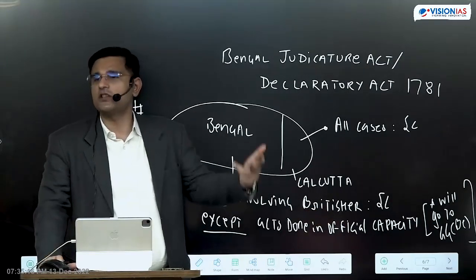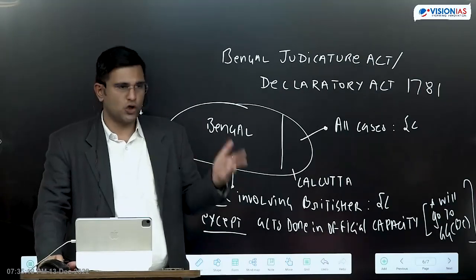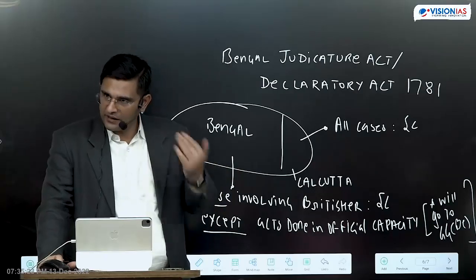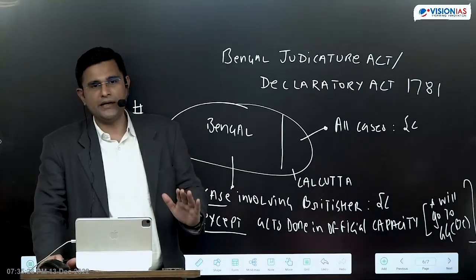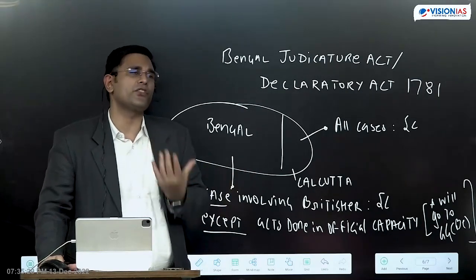Even if I shoot someone, but when I was on duty, so I was maintaining law and order, I shot someone or I gave an order to shoot. If the aggrieved party files a case, this case will be heard by GG Bengal. Why? Because I was acting in my official capacity.